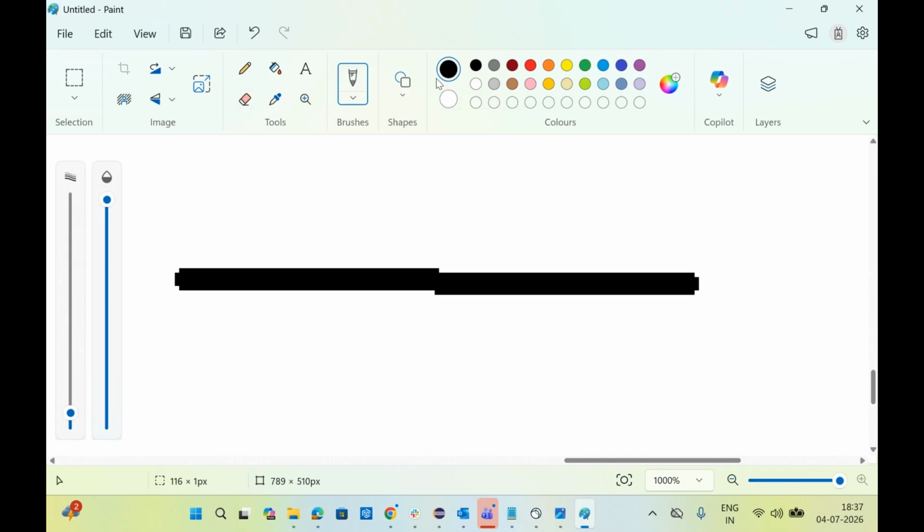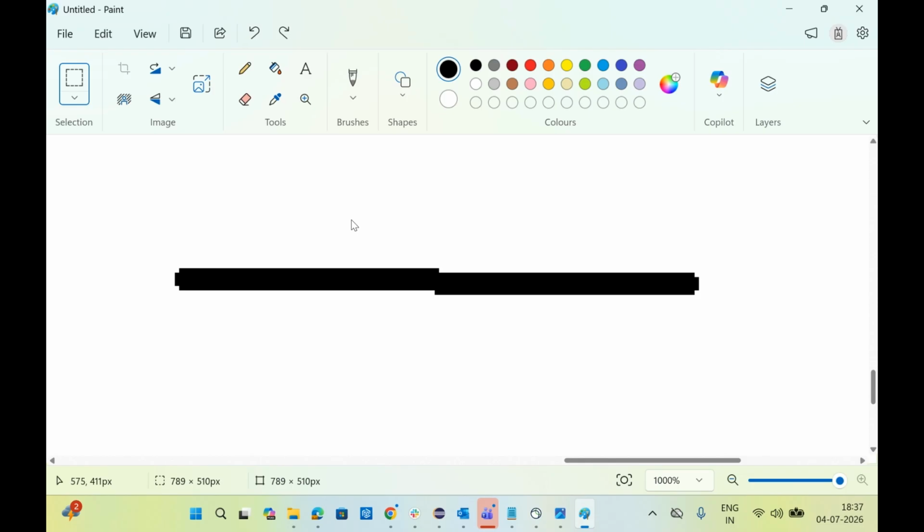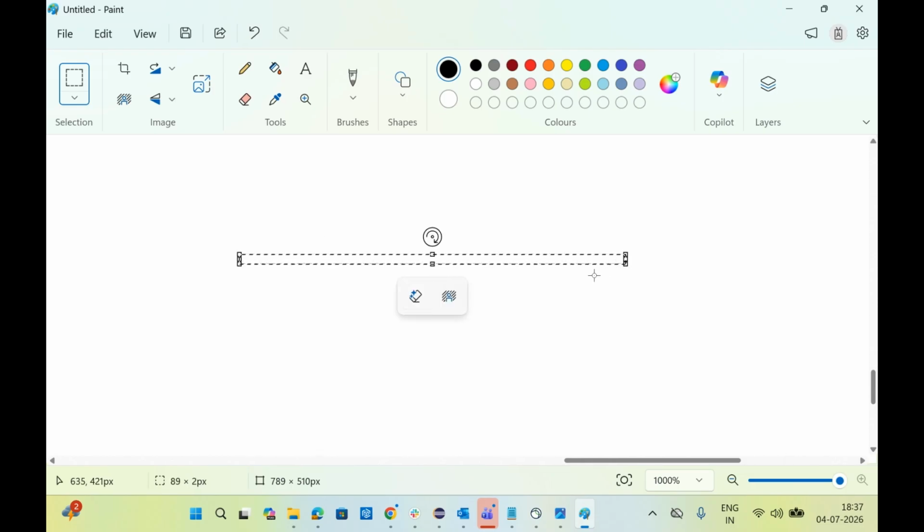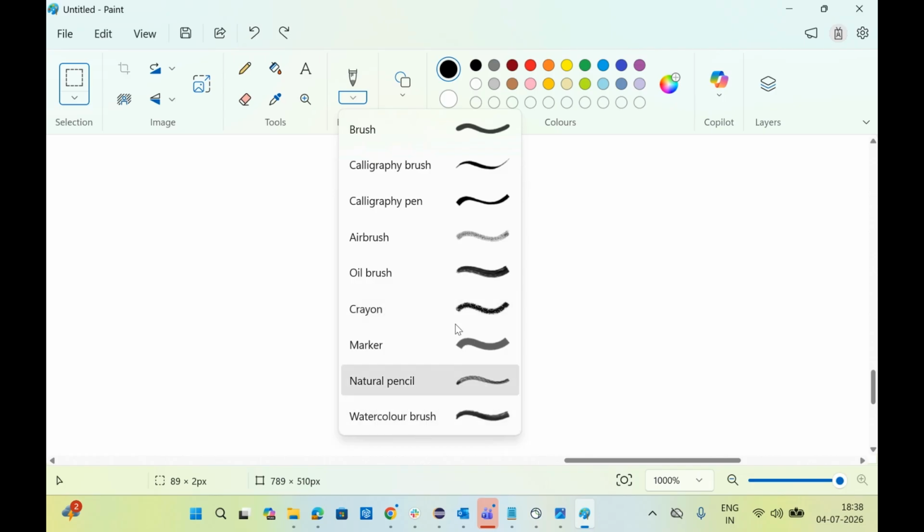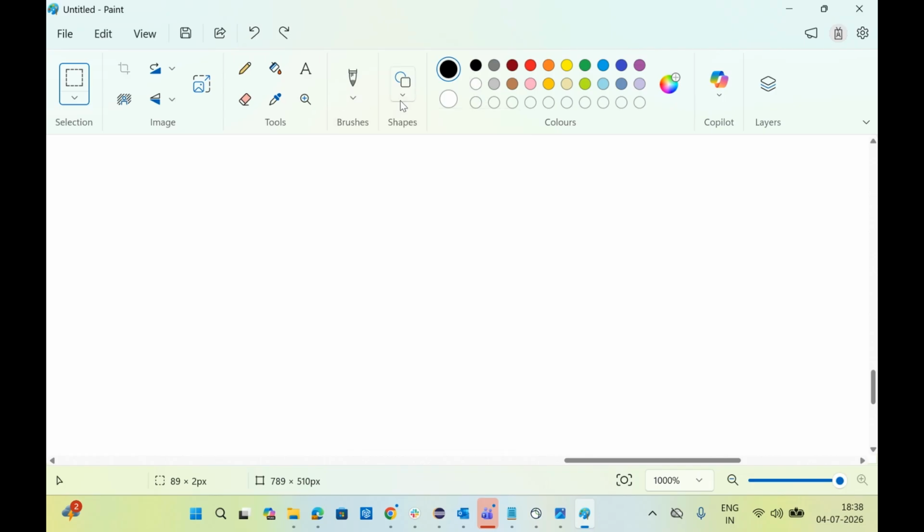How can I draw this one? I don't know. Sir, you can use the marker. Which marker? Sir, in the pen, the brushes column is there. Click on that. You will get options like brush, crayon, marker. Yes, sir, that only I'm taking.